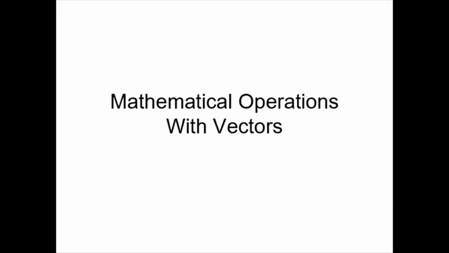So for manipulating vectors mathematically, component form is a wonderful form to have them in. On the other hand, to communicate with people, oftentimes the magnitude direction form is the more comfortable and meaningful way to communicate.